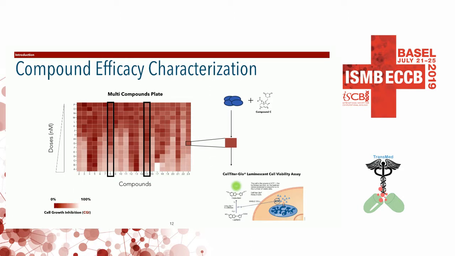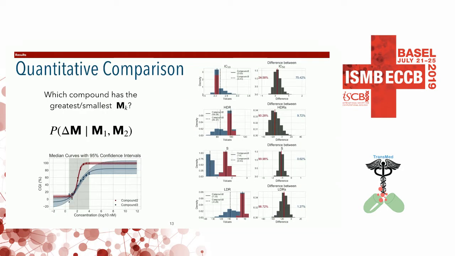We might also be interested in comparing two compounds, not only analyzing a single compound. In that case, we can expand our Bayesian approach. Here we are calculating the posterior distribution of the differences between the values of two curves for a single metric.